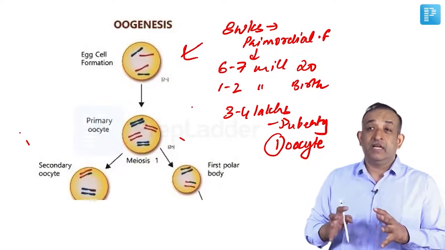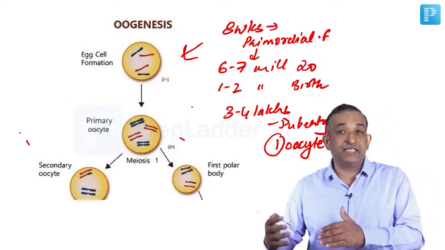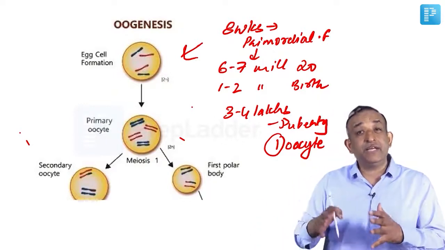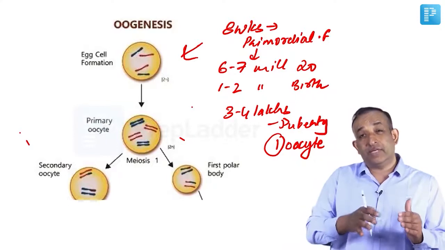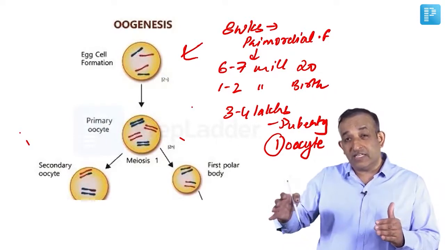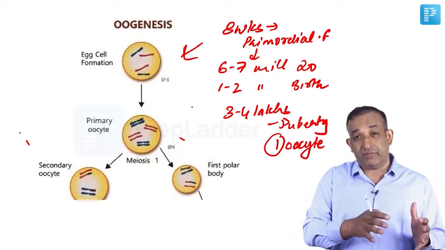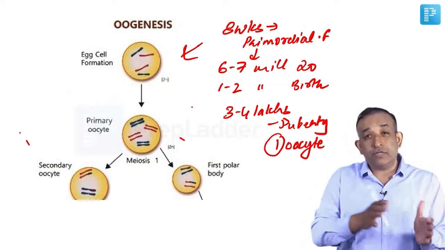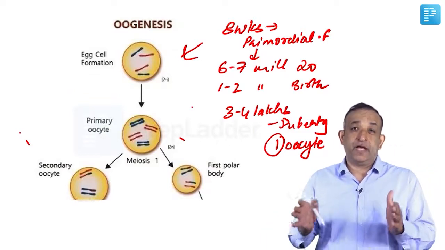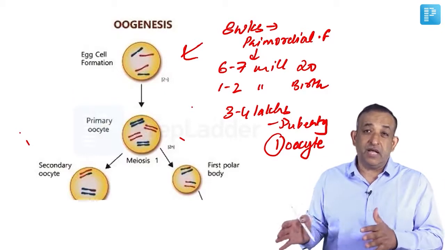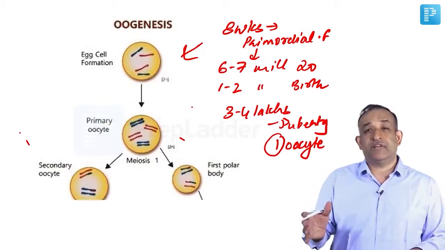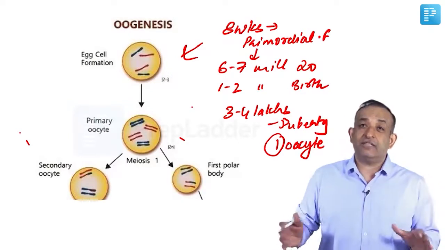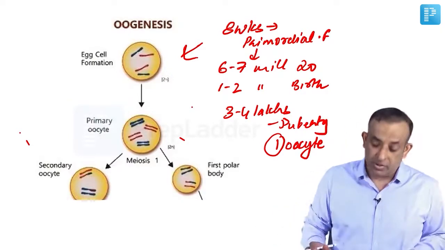One egg gets matured and is released every month, but the remaining keeps getting destroyed. So, from 12 to 50 years of life, around 450 oocytes are released, and all the remaining oocytes degenerate. That is why by 50 years of life all the oocytes are destroyed, and that is why we say the woman has reached menopause.